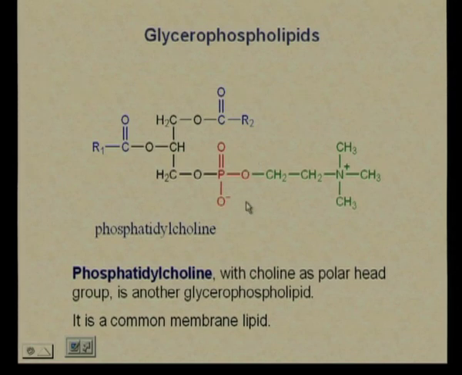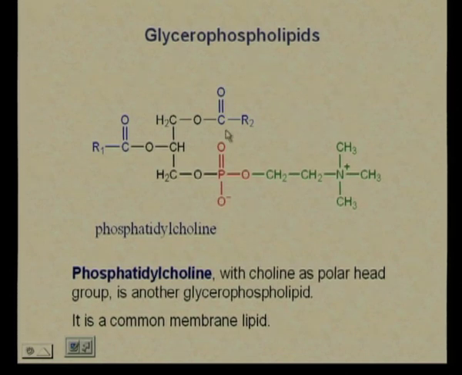Okay? So, these are the different types of glycerophospholipids that we can have. What you need to remember is the basic structure is a glycerol. You have two fatty acids R1, R2, you have a phosphate, and the phosphate is linked again to another polar head group that is going to result in a polar head group to your lipid.